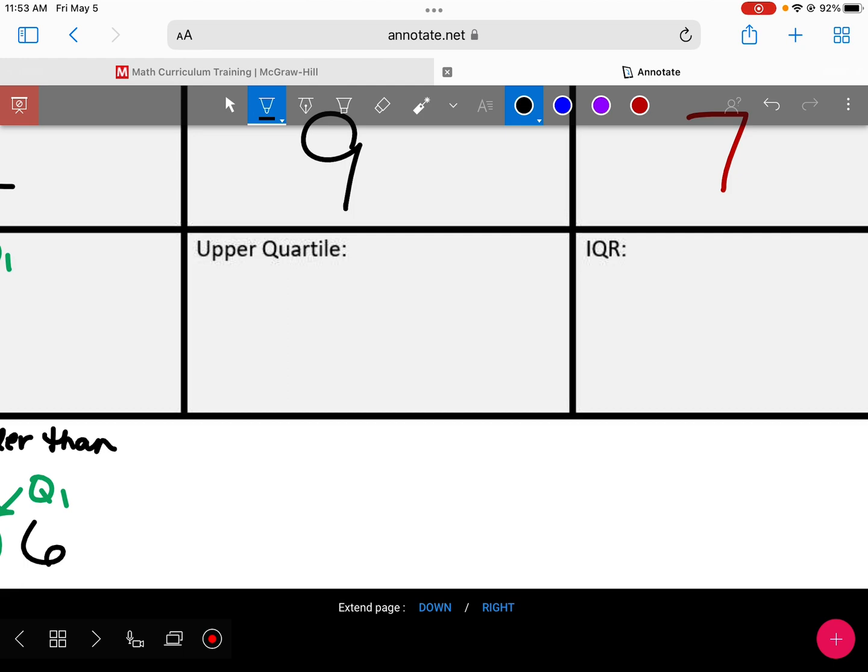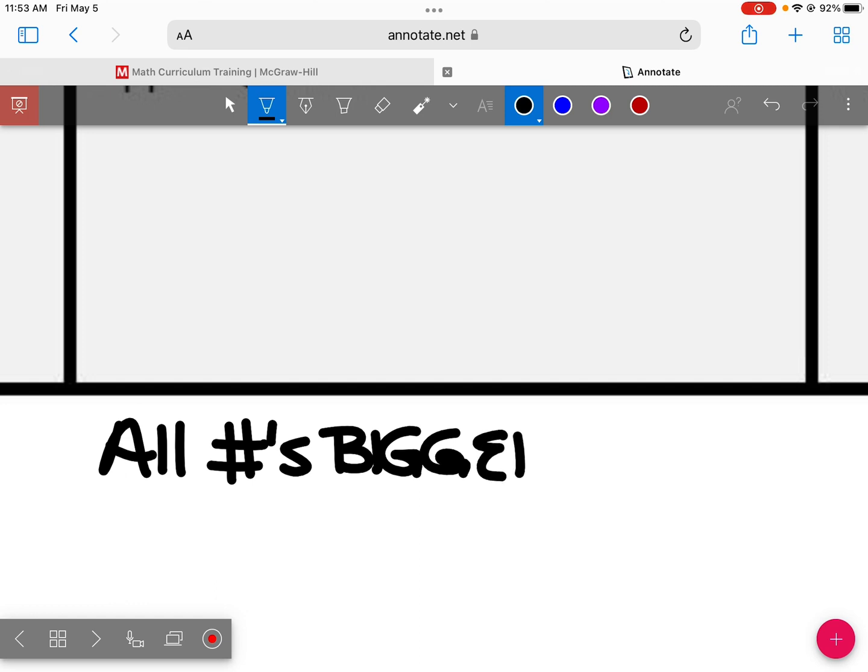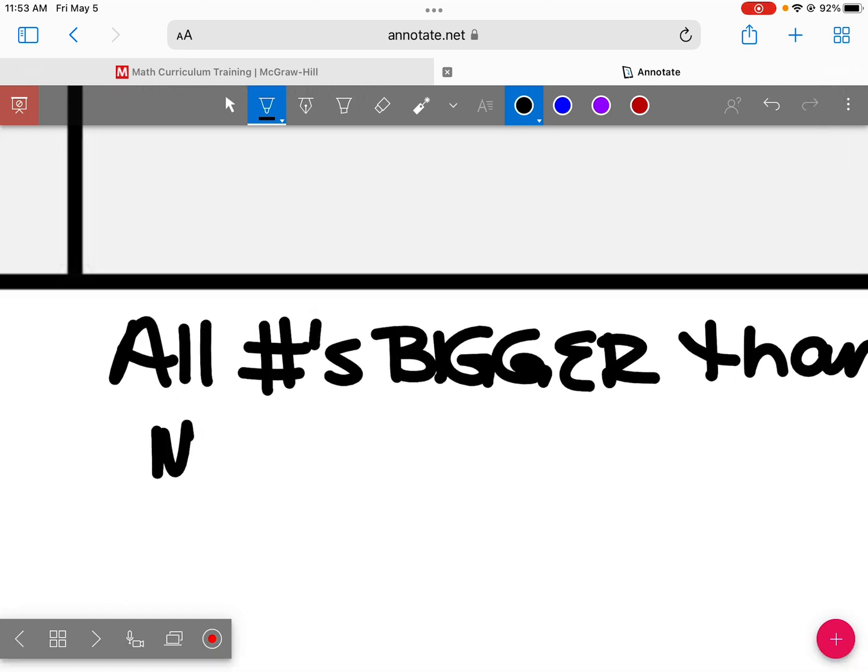For the upper quartile, I'm going to make another list, but this time I want all the numbers that are bigger than my median. And what's the median again? 7.